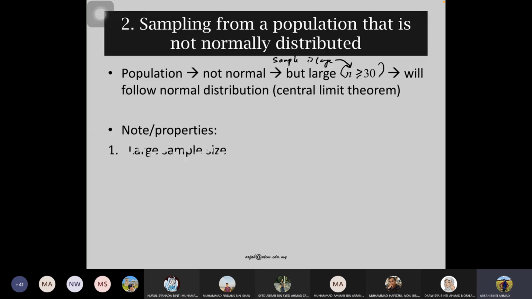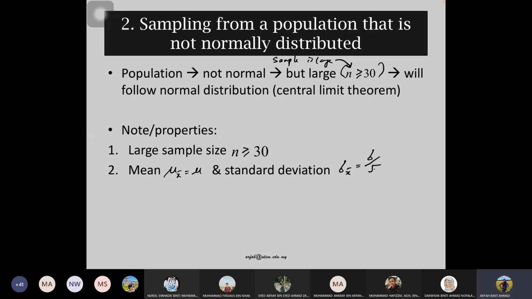So for this case, syarat-syarat dia, sample must be large enough that is greater or equal to 30 and mean of the sample mu x bar tetap akan sama dengan population mean, and standard deviation of the sample mean sigma x bar akan sama dengan sigma over square root of n.